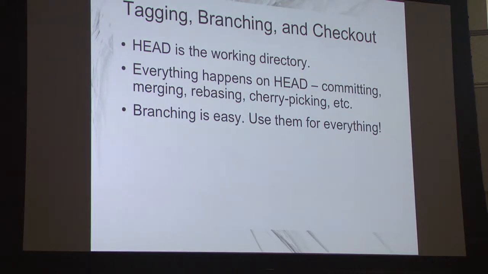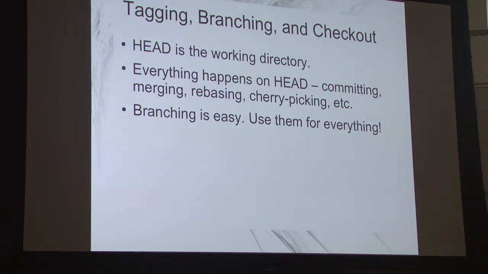Everything happens on HEAD. If I commit, I'm committing on HEAD because it's the working directory. If I switch branches, I switch to HEAD. If I merge, I'm going to merge into the thing that HEAD is. This will become very clear as I actually do it.